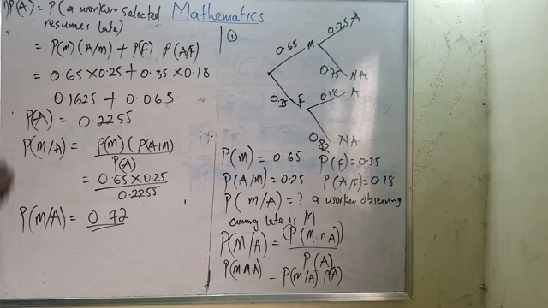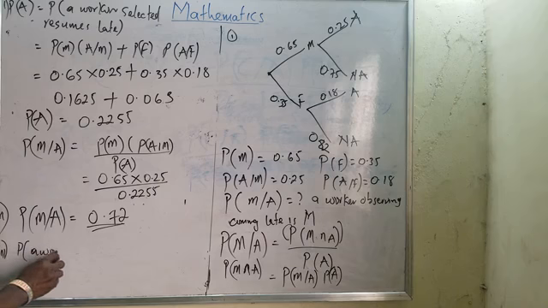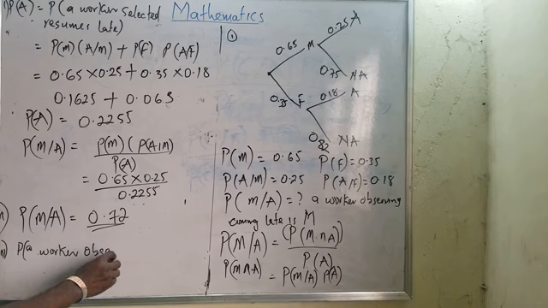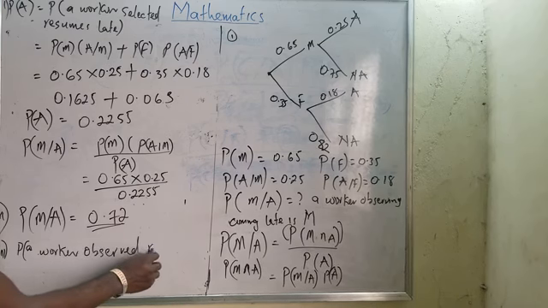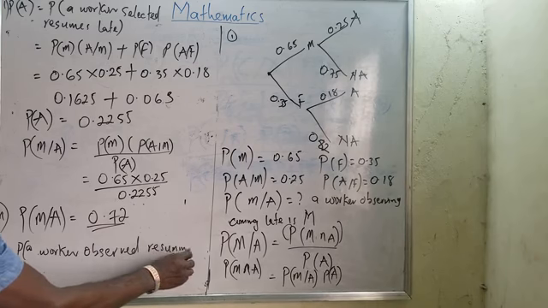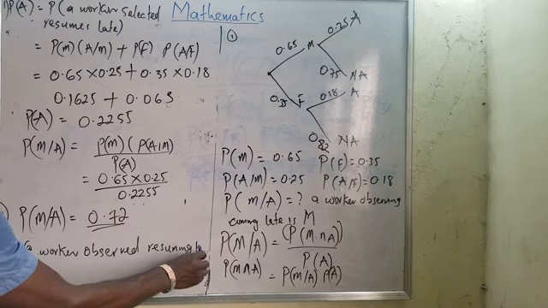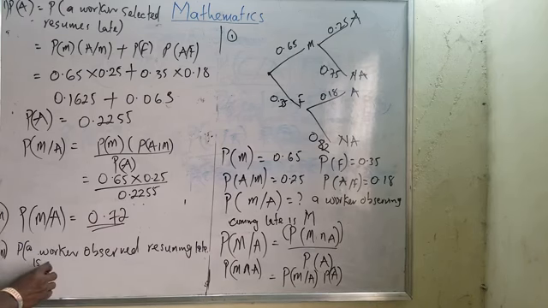Now, this one is first. This one is second. Now, the third one is the probability that a worker observed resuming late is female.